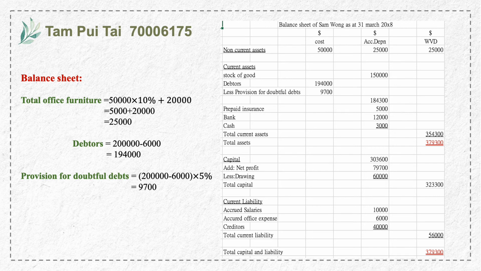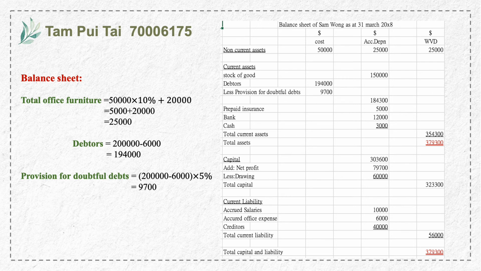After calculating, you can get the answer 25,000 too, because in additional information number 3, we can know that depreciation on office furniture is at 10%.